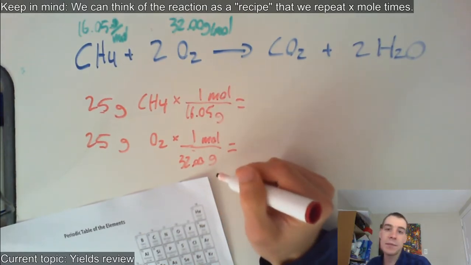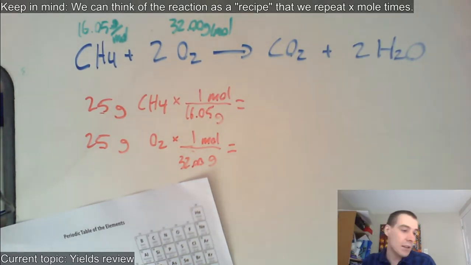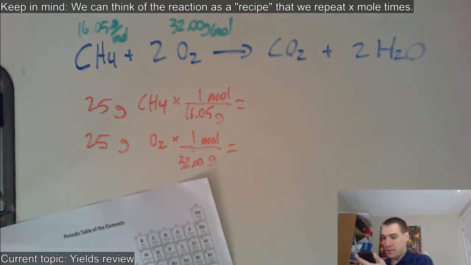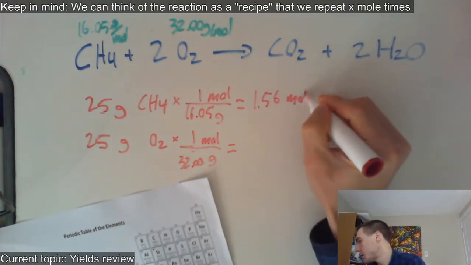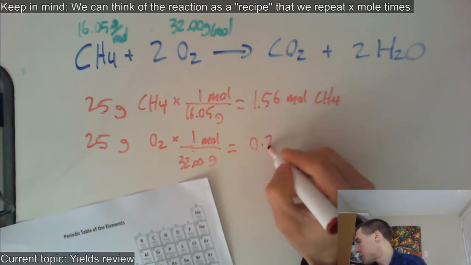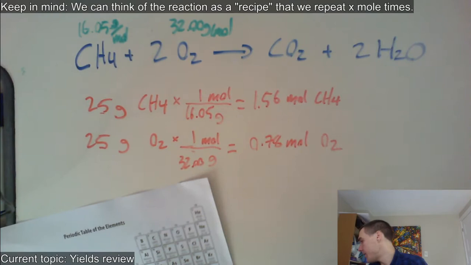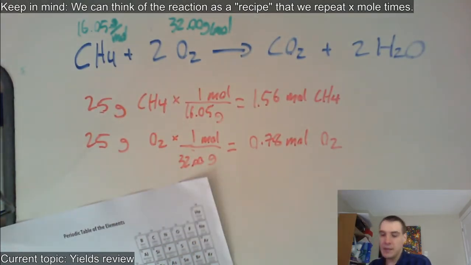There's a bunch of different ways to remember this stuff. Time to get our calculator out. 25 divided by 16.05 is 1.56 moles of CH4, and 25 divided by 32, 0.78 moles of O2. Okay, now there's 2 O2s and 1 CH4 in my equation.